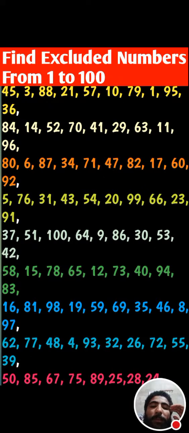So the answer is that the 15 missing numbers are 2, 7, 13, 18, 22, 27, 33, 38, 44, 49, 56, 61, 68, 74, and 90.